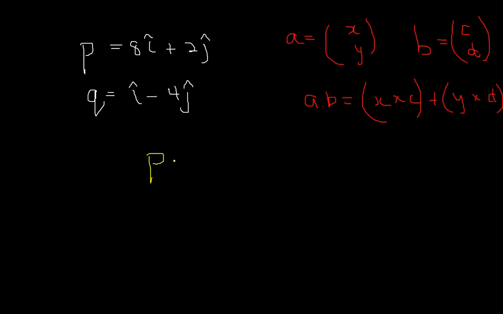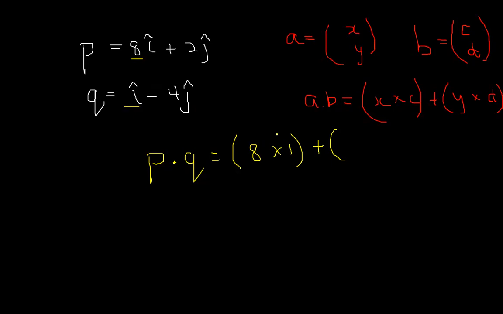So P dot Q, the dot product, would be the product of the X components. Remember, the X components are the coefficients of the i hat symbol. So in this case it's 8, and this number is understood to be 1.